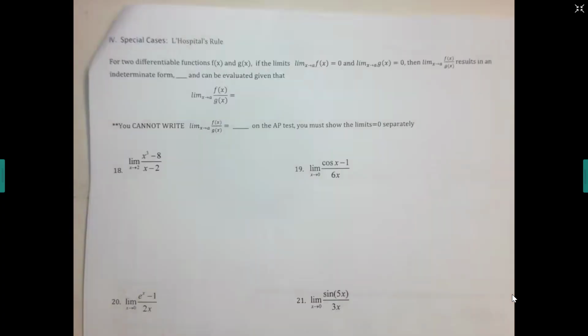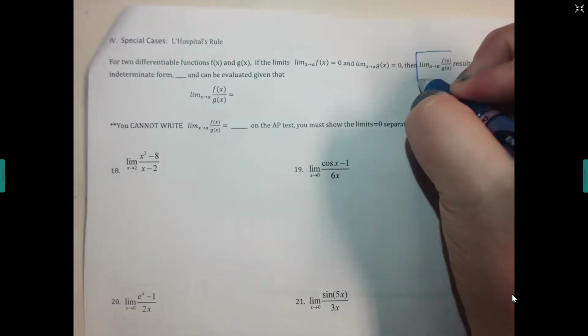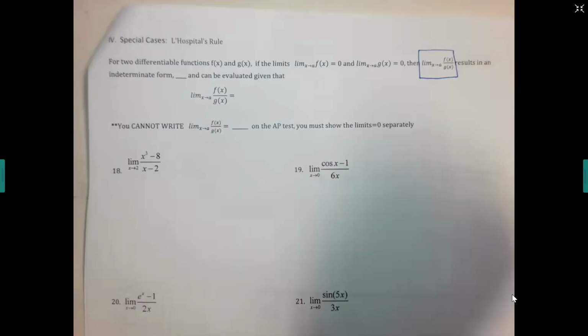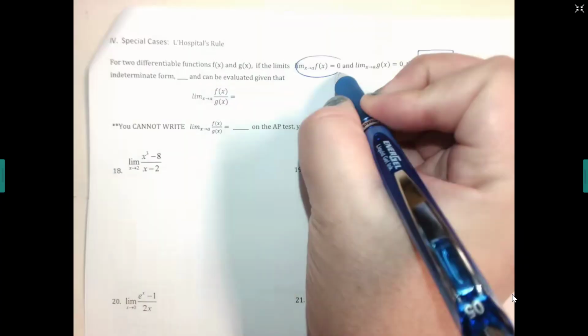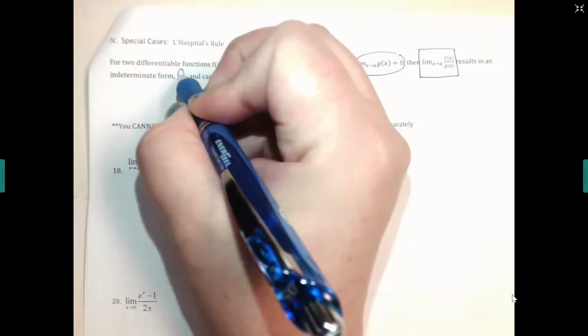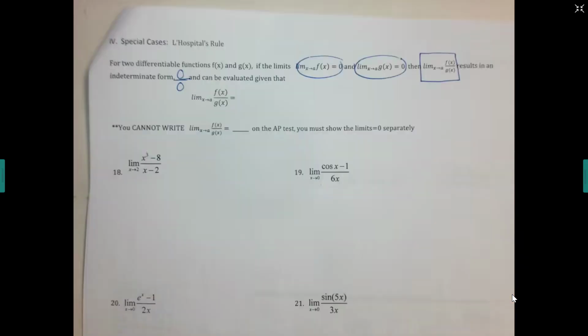If you have a limit of f over g, so you would only use this for division, and the limit for f and g both give you 0, that means you get 0 over 0. And then you should have learned last time that means you have to do more to get an answer to the limit, right?